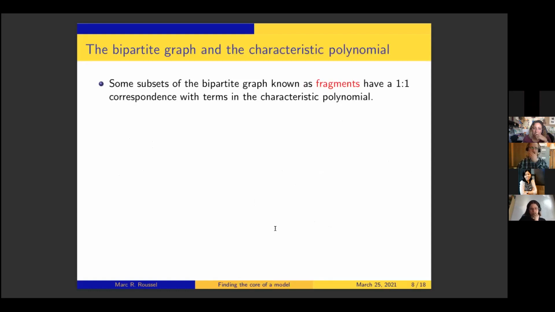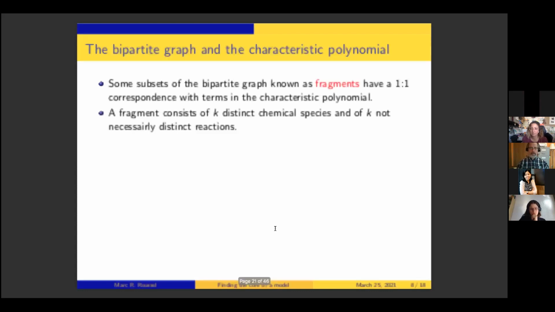Okay, so why do we want these graphs? What's the point of them? It turns out that there are subsets of the bipartite graph, which we call fragments, which have a one-to-one correspondence with terms in the characteristic polynomial. If you're going to do stability analysis, you're going to be looking at a characteristic polynomial, and you can extract these fragments that have an exact correspondence to a term in it.